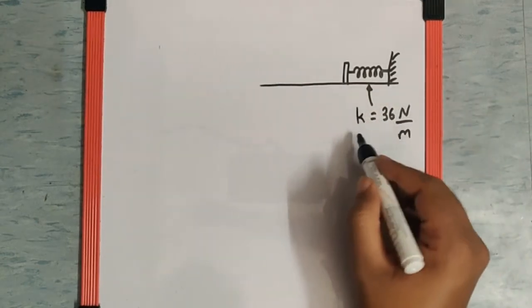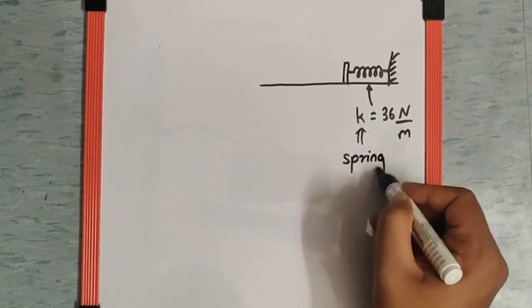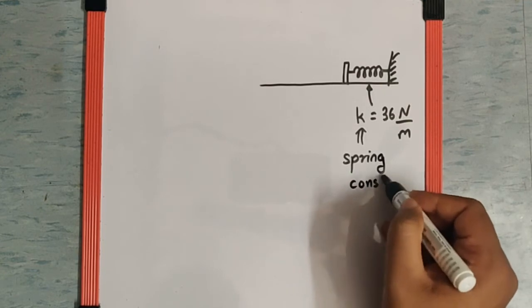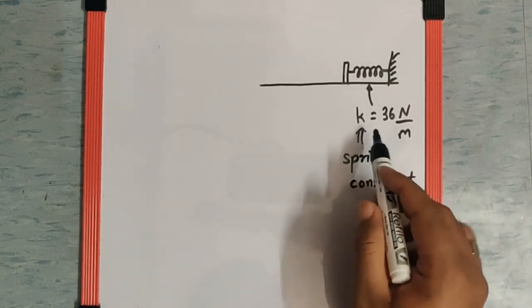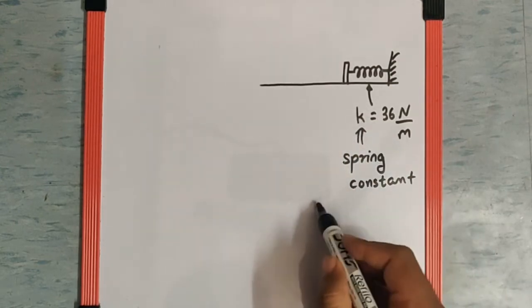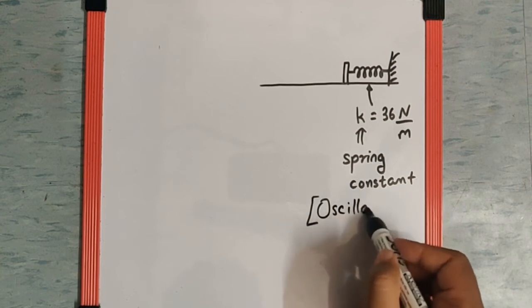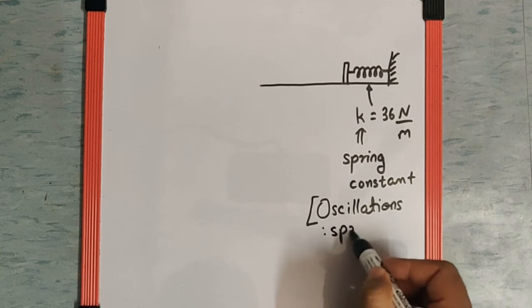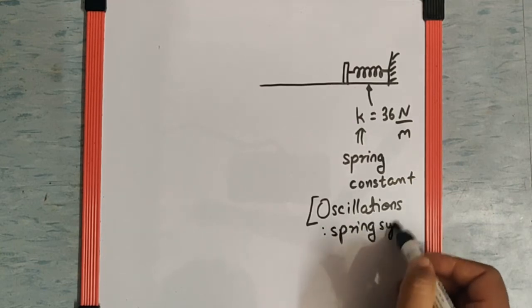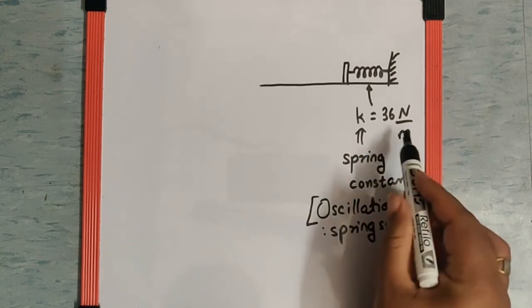It is known as spring constant. Now, if you have done oscillations, you already know this, and if you have not, please refer to oscillations spring system. From this, you are going to learn about this.